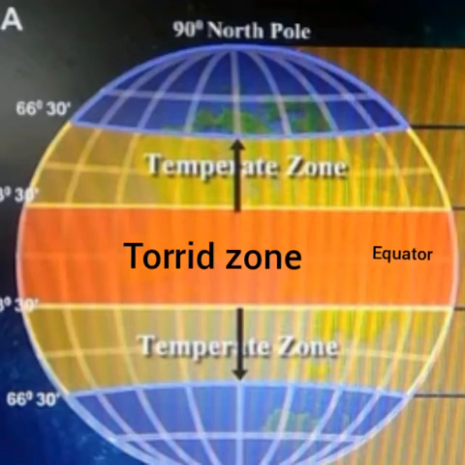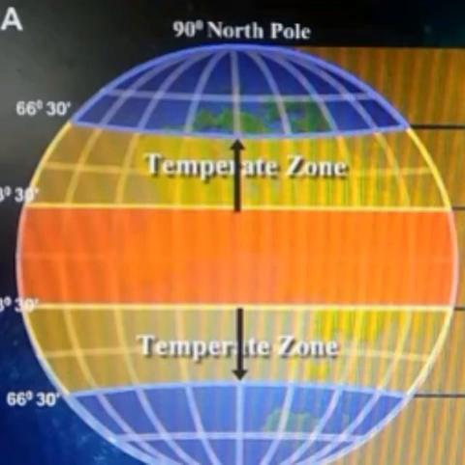We can say that it is a tropic zone. It means at the top we have the Tropic of Cancer and at the bottom we have the Tropic of Capricorn.